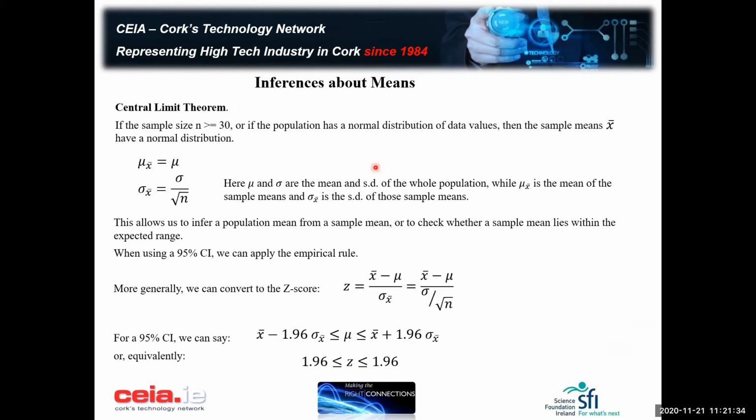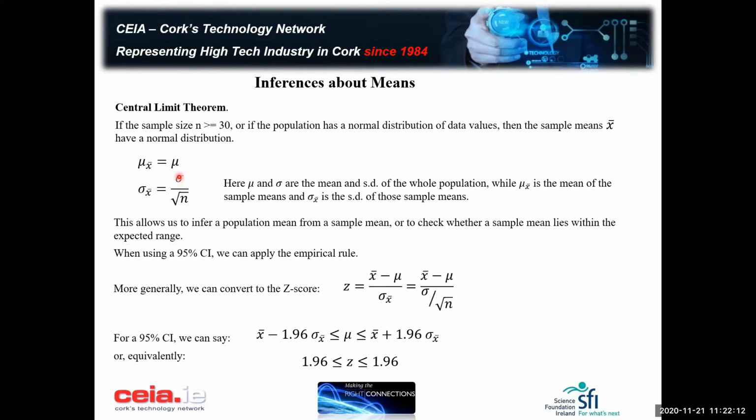Okay, so we were here. We were talking about inferences about means. And the important thing to know there is central limit theorem: when you're taking a sample and measuring the mean value in a sample, central limit theorem says you can use the same mean as the population mean, but the standard deviation is reduced by the square root of n relative to the data in the original population.